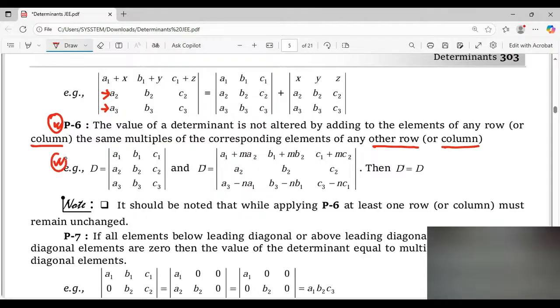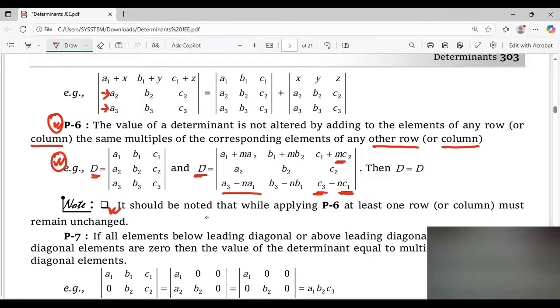So let's see here: determinant D equals A1 B1 C1, A2 B2 C2, A3 B3 C3, and D' equals A1 plus m A2, B1 plus m B2, C1 plus m C2, then A2 B2 C2, and here will be A3 minus n A1, B3 minus n B1, and C3 minus n C1.